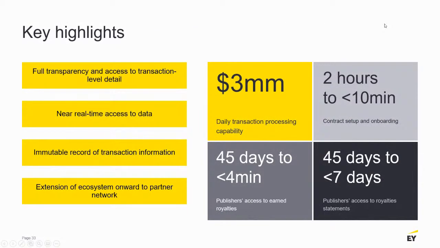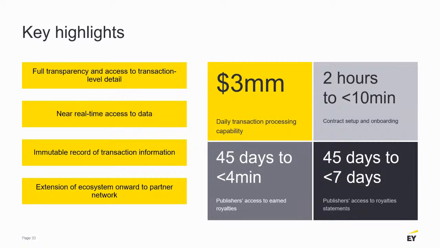what we've seen is about $3 million in daily transaction processing capacity. We were able to reduce the contract setup and onboarding from 2 hours to less than 10 minutes. The publisher's access to earned royalties, right? The visibility to the statements has gone from 45 days to less than 4 minutes. So can you imagine launching a new game in the market and not knowing how it was selling for 45 days?